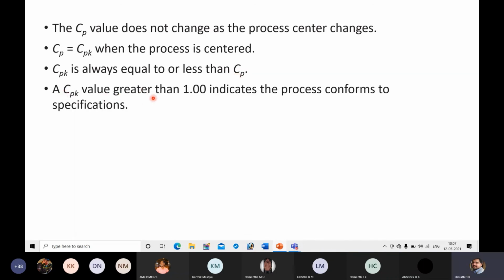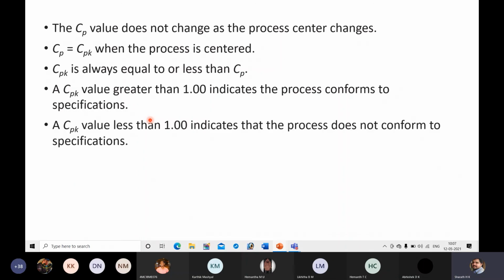A Cpk value greater than 1 indicates the process conforms to specifications. That's why the default value will be 1. Some companies may fix it to 1.33 if they want better quality products or better process performance.